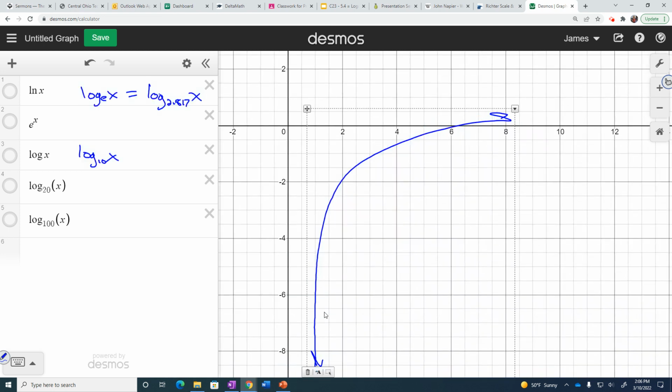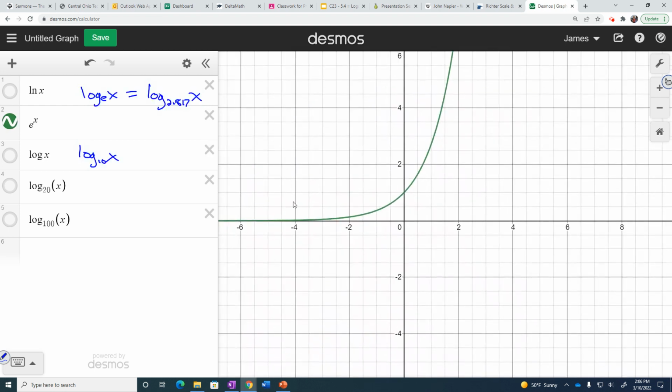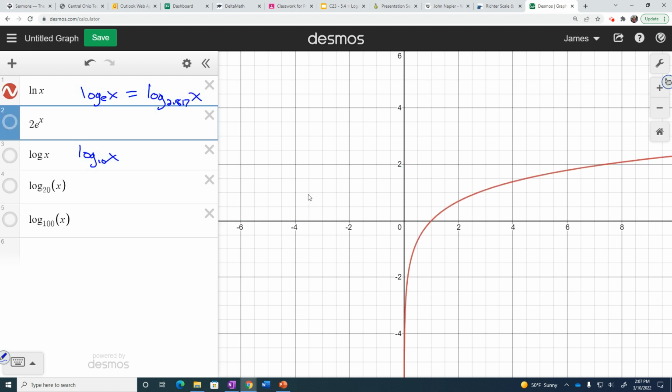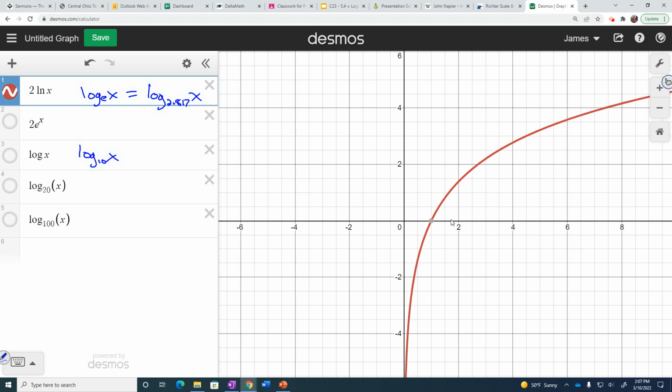So if we had e to the x, and then put a 2 in front, it would make it go up through a 2. With logarithms, if I put a 2 in front of natural log of x, it doesn't actually change where it crosses because it's the different axis. It just stretches it out. So you can see the difference here.